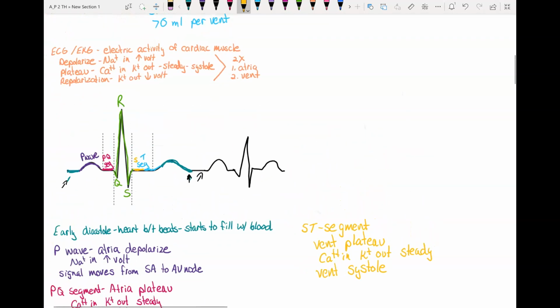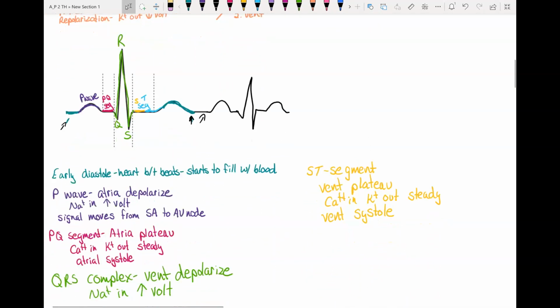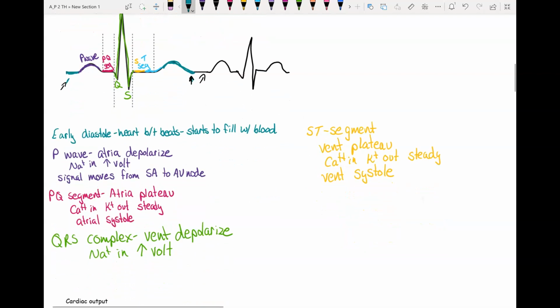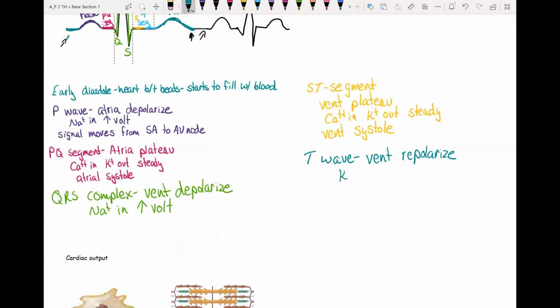Okay, then after plateau comes repolarization. So now we have the ventricles repolarize. This is the T wave. So now you have just potassium out and your voltage goes down and the heart is relaxed.